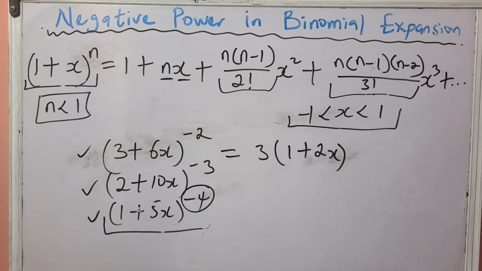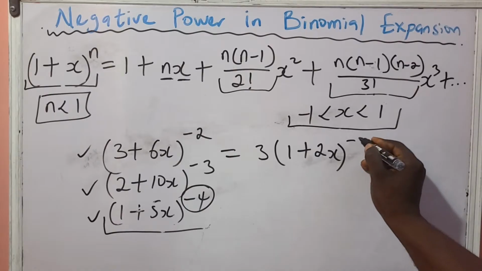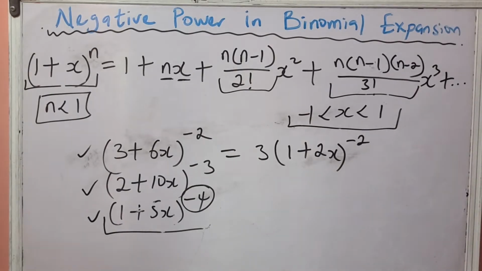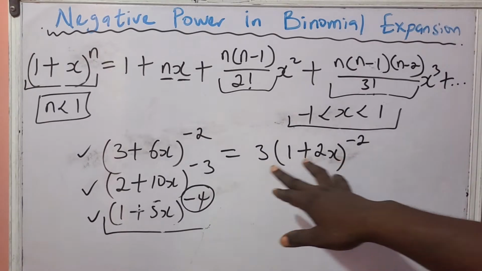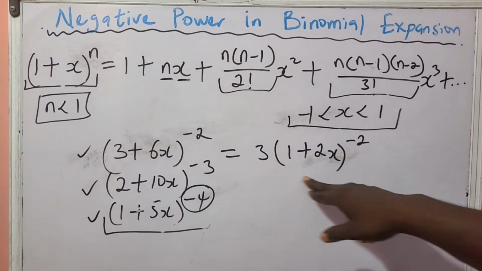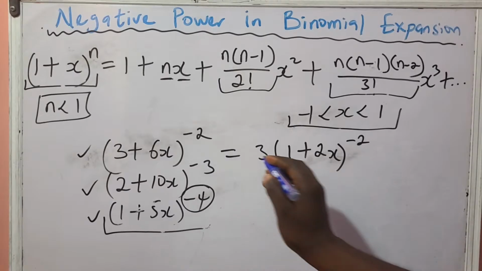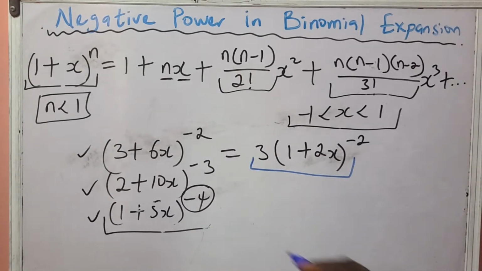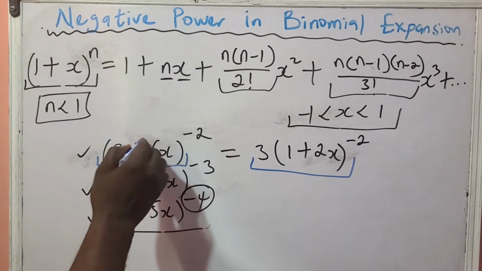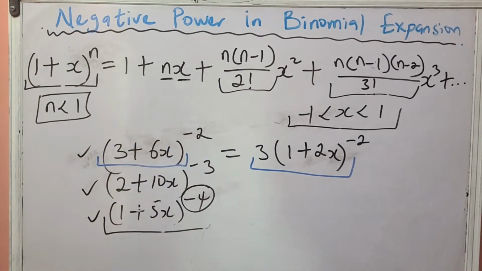It is a common mistake that I believe students will want to make, which is to now go on and write it like this, minus 2. That would be very wrong, because when you factorized this out, this whole thing you have right here was what was raised to the power of minus 2.